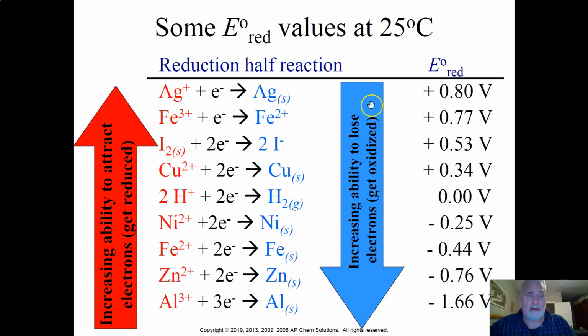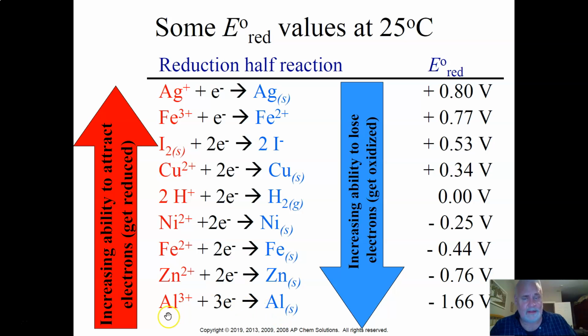So when we add these arrows on the next slide, when you look at this, you can see that there's an increasing ability to attract electrons or gain electrons. These guys are good at GER, and they're all reduction reactions. So as a reduction reaction, this is bad.